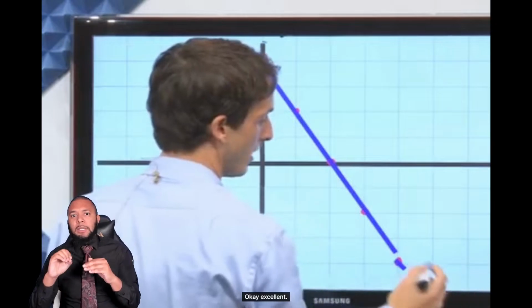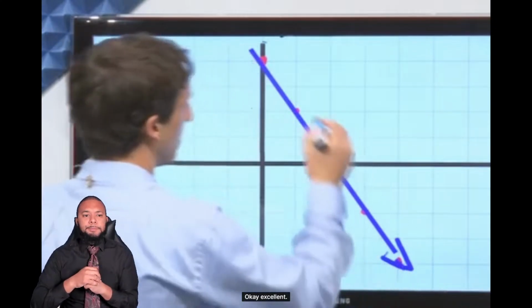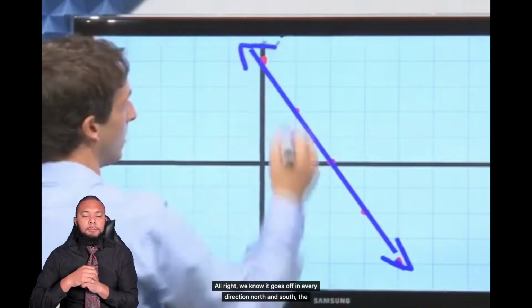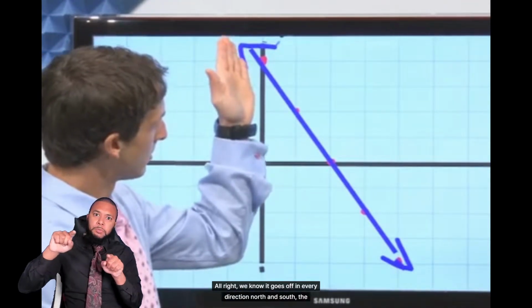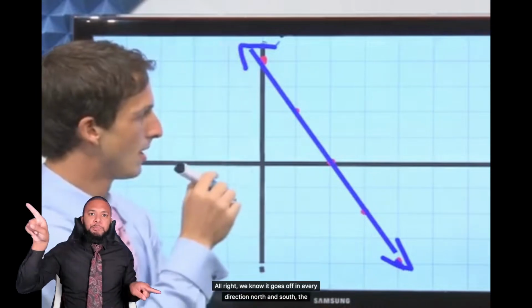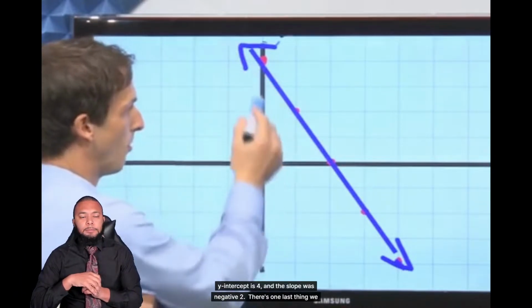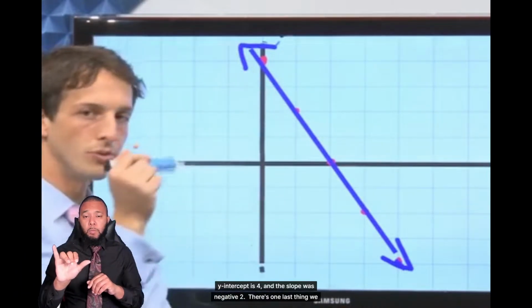Okay, excellent. All right, we know it goes off in every direction, north and south. The y-intercept was 4 and the slope was negative 2.